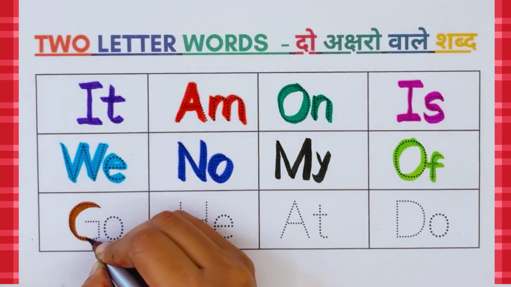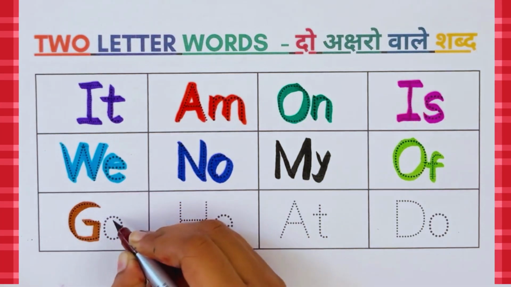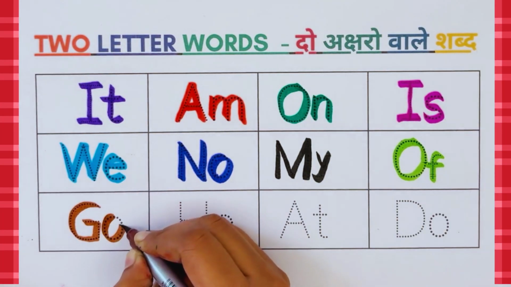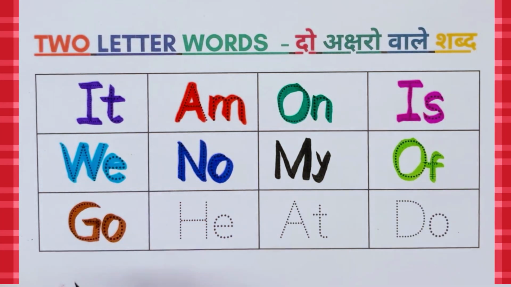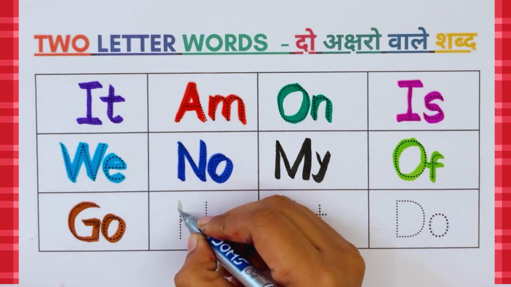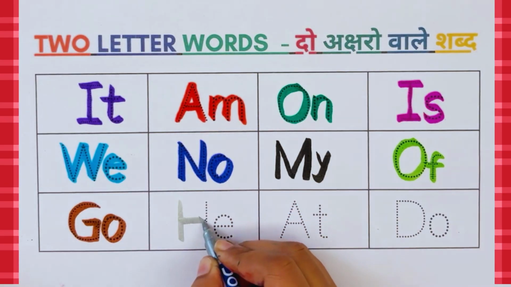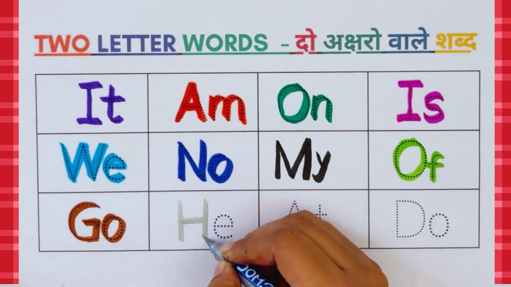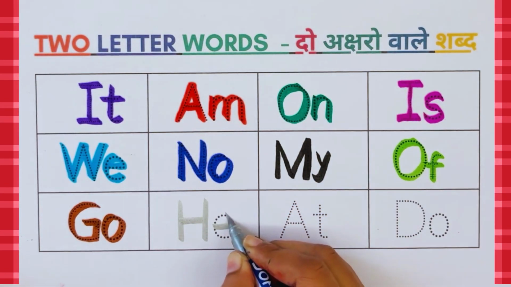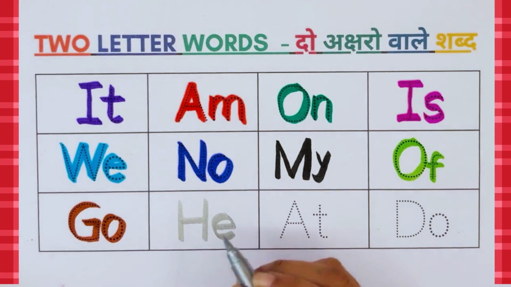Now the next one is G-O. Go. क्या है ये? Go. G-O. Go. Next. H-E. He. क्या है ये?